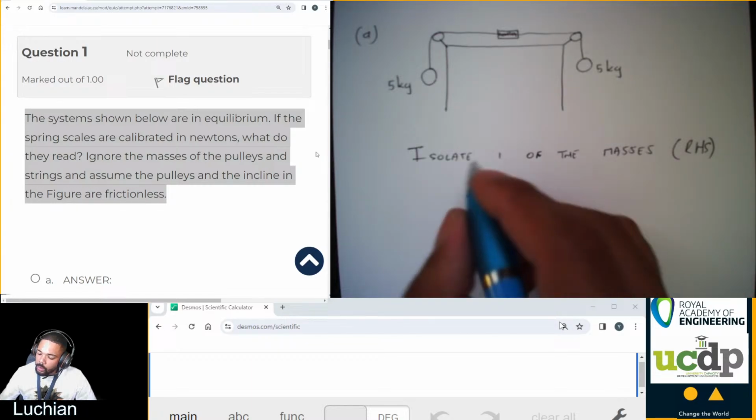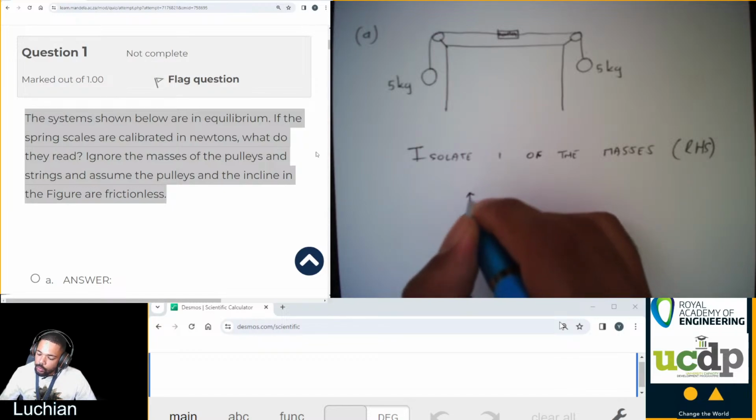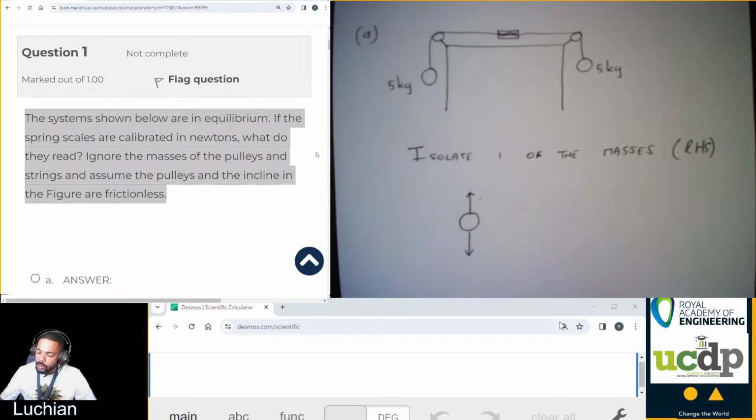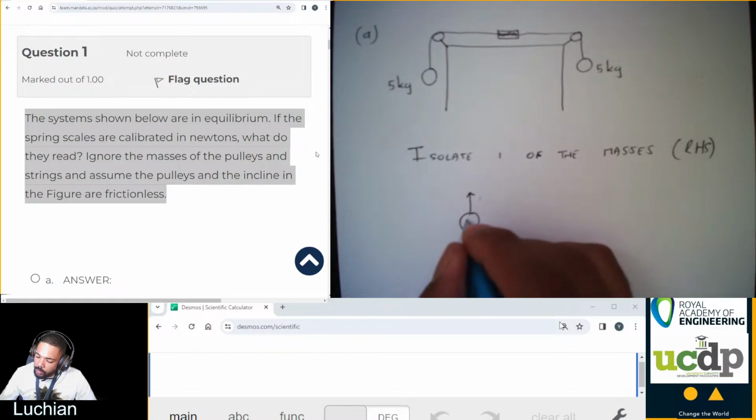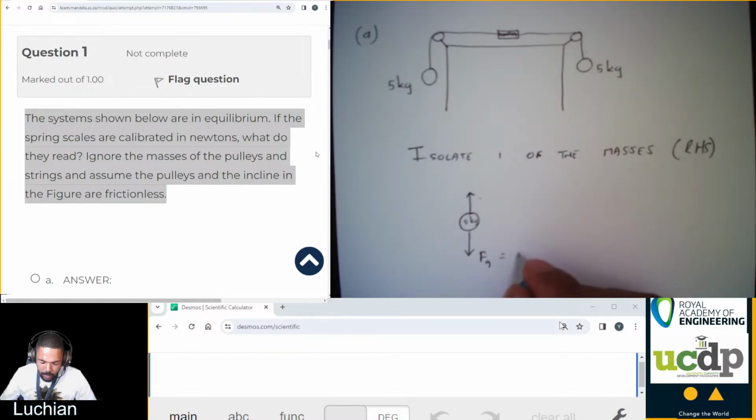So what will be in this force diagram? What is holding this ball up? Of course, let's start with the obvious. There will always be the force of gravity pulling it down, and remember, this is a 5 kilogram ball, so that force of gravity is equal to 5 kilograms multiplied by 9,81.